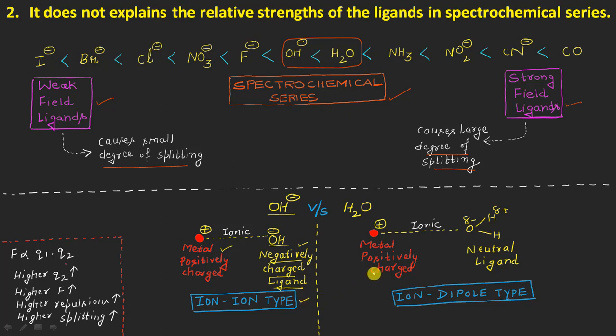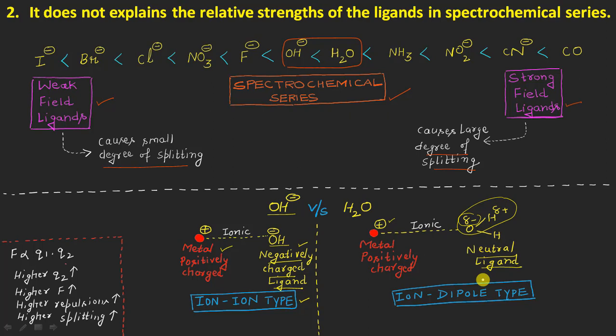On the other hand, if we are considering the ionic bond in between the metal ion and the water as a ligand, which is actually a neutral molecule, so definitely the ionic bond will be there in between the positive charge of the metal and this partial negative charge of this dipole here, which is present in the neutral molecules.